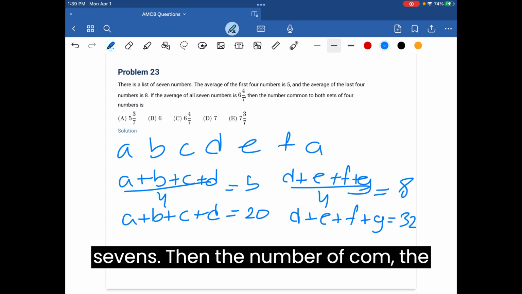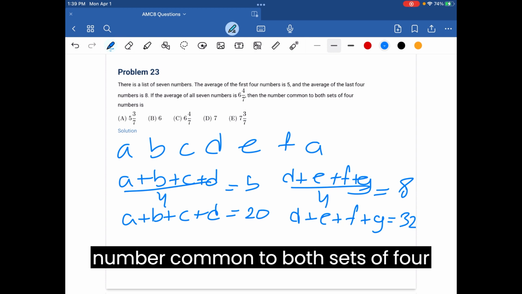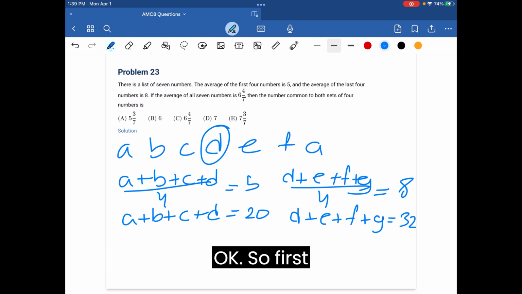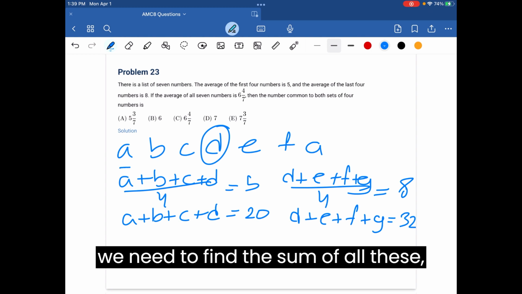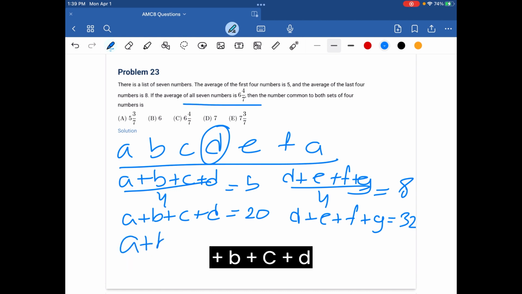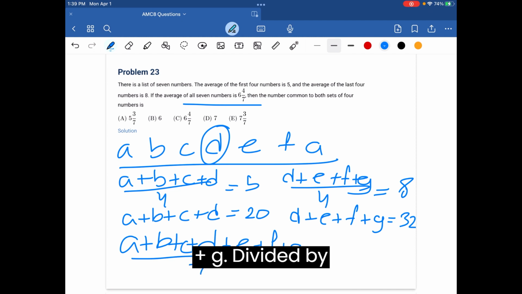Then the number common to both sets of 4 numbers, which is D, is, okay, so first we need to find the sum of all of these, which we can find using the average. So A plus B plus C plus D plus E plus F plus G divided by 7 is equal to 6 4/7.